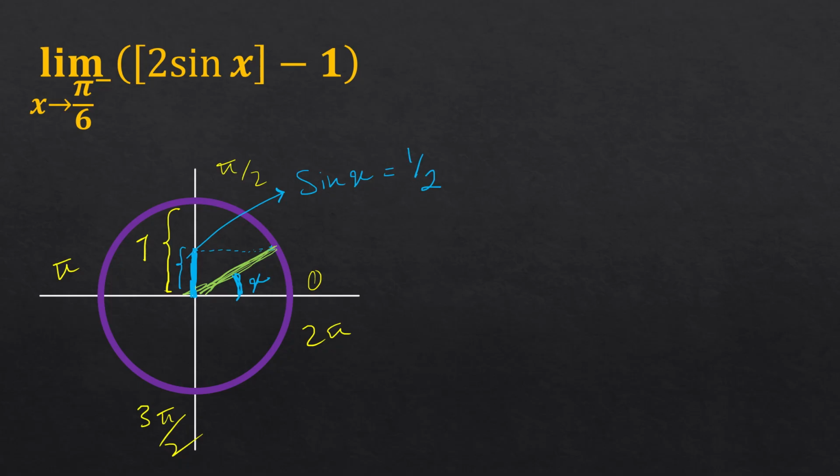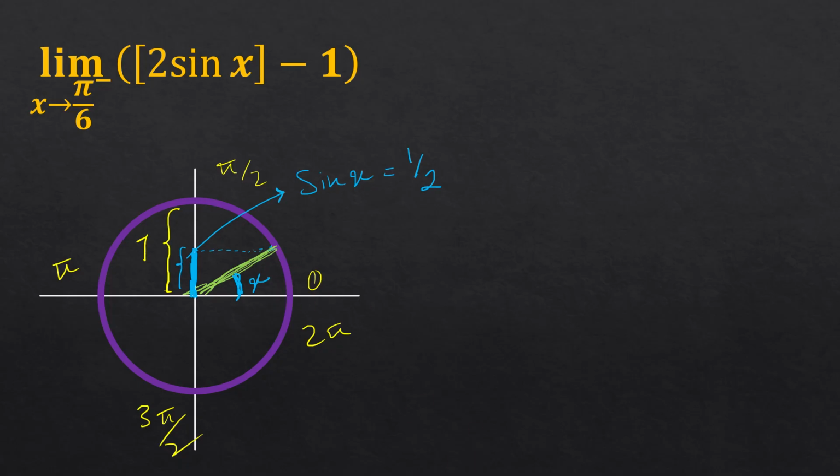But the question is what is the floor of 2 times sine of x, where x approaches pi over 6 from the left? From the left means x is a little bit smaller than pi over 6. Smaller means somewhere bigger than 0, of course, but not equal to pi over 6. A little bit smaller, that means somewhere here.